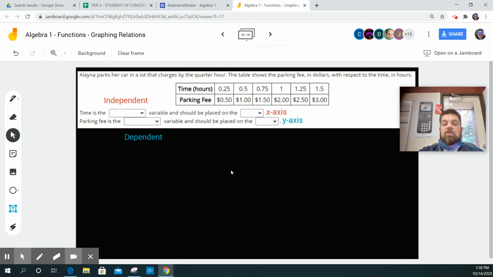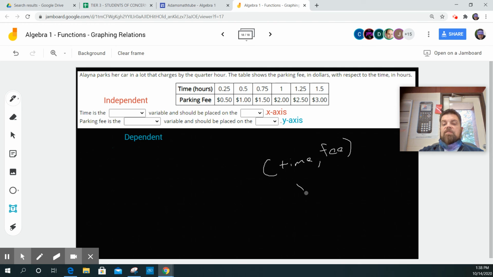In other words, when I go to graph this, I'm going to want to graph it in my xy plane with the time, comma, then the parking fee.